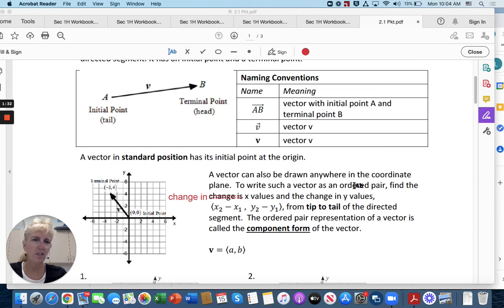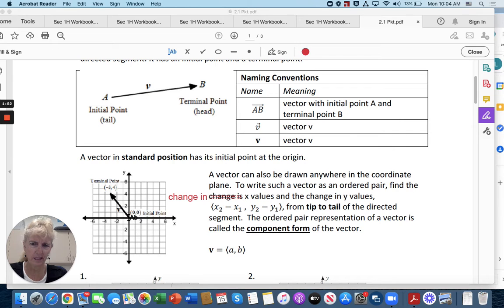To write such a vector as an ordered pair, find the change in the x values and the change in the y values. When you have the initial point here, since this is 0, 0, it's really easy to find how you write the vector, and that one would be -3, 4.